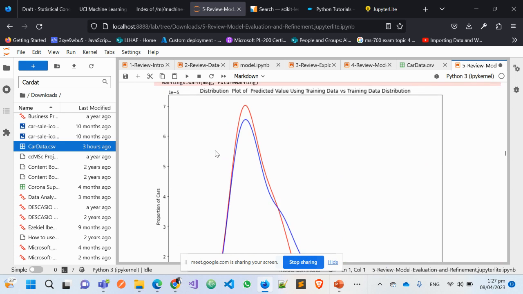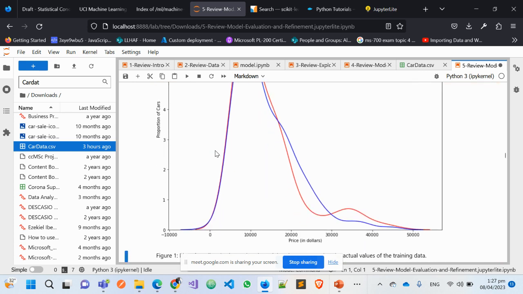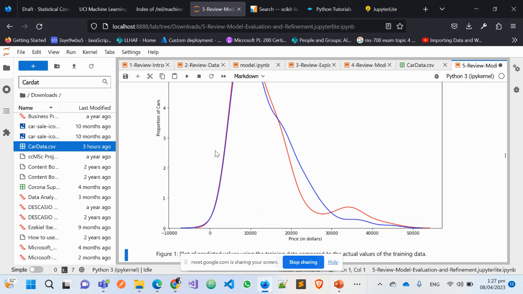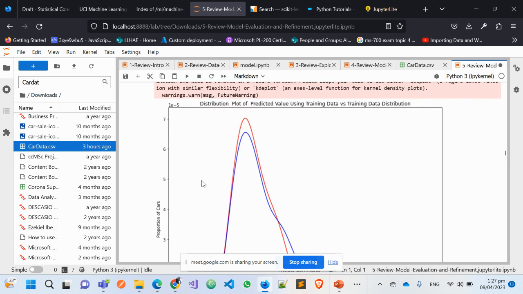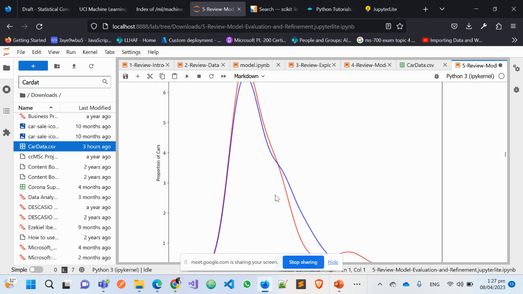By this, we see that the distribution plot showcases that the predicted variable and the actual variable are not so far apart from each other.